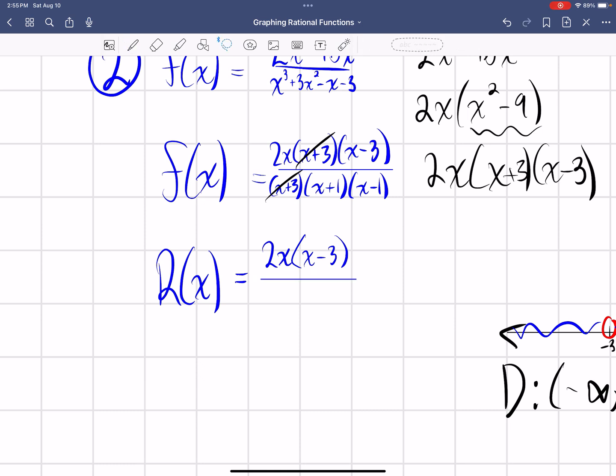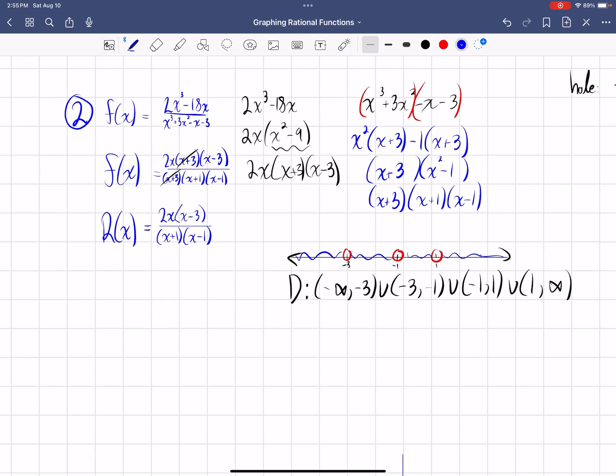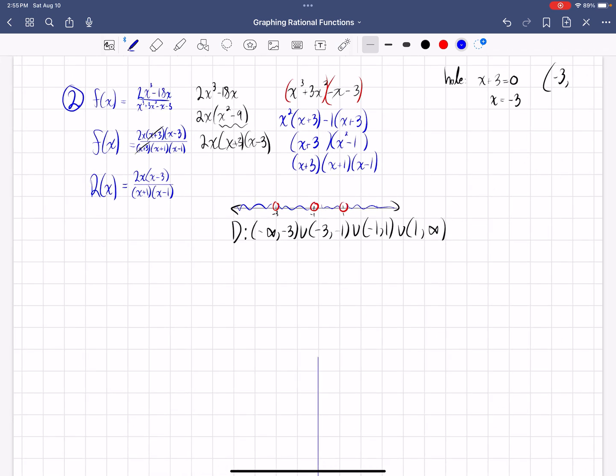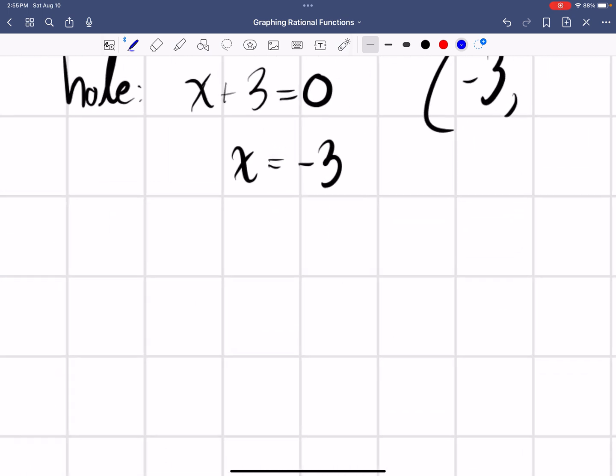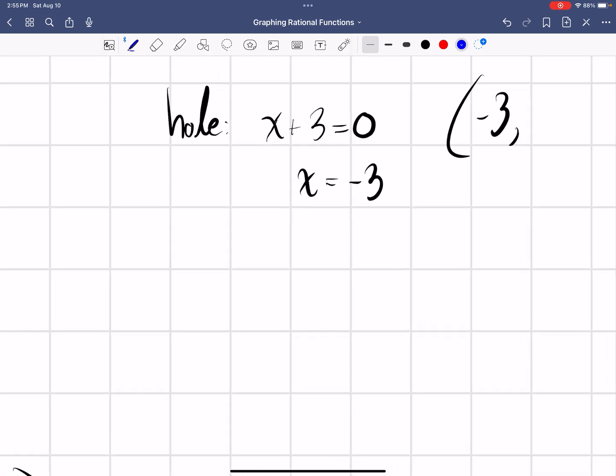So we will write r of x equals 2x times x minus 3 over x plus 1, x minus 1, having canceled that factor. And to find the y-coordinate of the hole, all we need to do is take the x-coordinate of the hole and plug it into the reduced function. So we just need to evaluate r of negative 3. Let's do that work here.